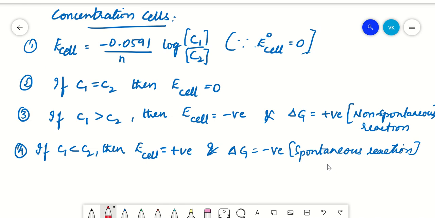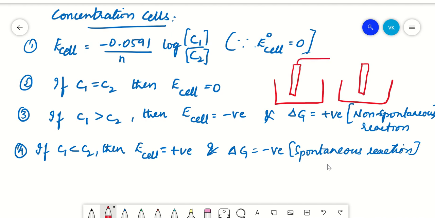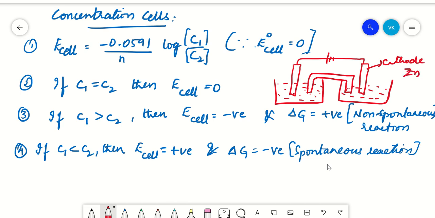Let us assume you have one cell here, and this is one more cell. You have your anode here and your cathode here. Anode and cathode are connected with a battery, right? And then your electrolytic solutions are connected with a salt bridge. Let us take this cathode as zinc and this anode is also zinc.